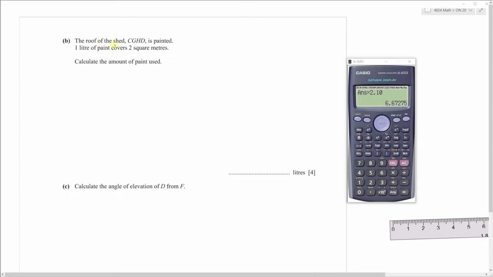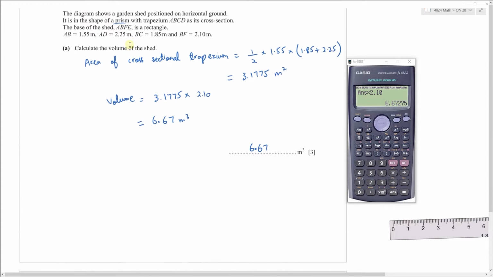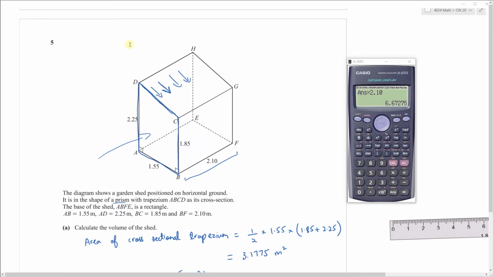Part B is the roof of the shed, CGHD, is painted. 1 liter of paint covers 2 square meters. Calculate the amount of paint used. So first we need to find the area of the roof. If I go back, this roof, although this is slanting downwards, is a rectangular roof.